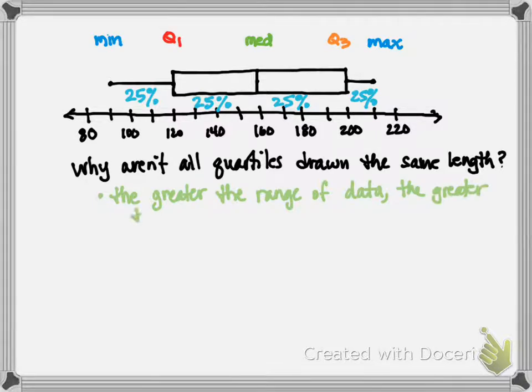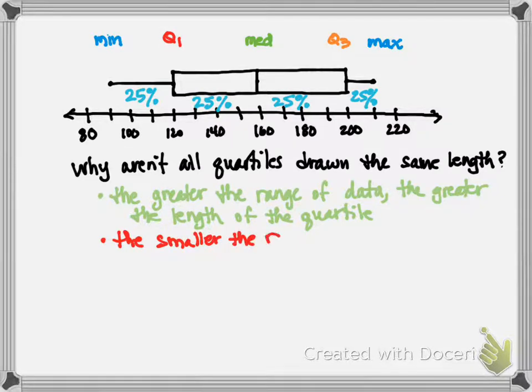The greater the length of the quartile. Okay. And conversely, the smaller the range of the data, the shorter the length of that quartile.